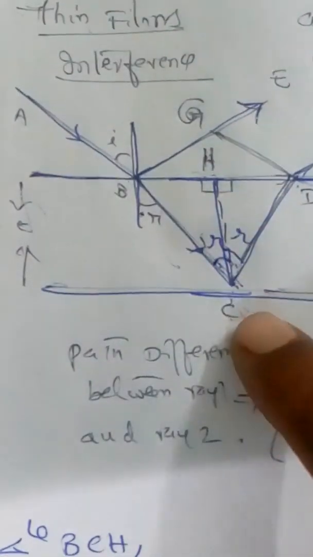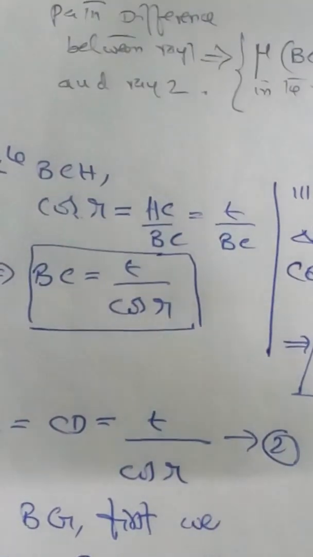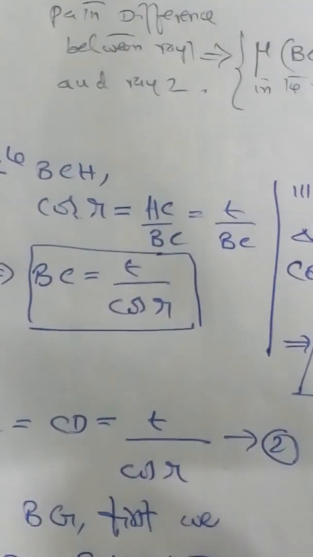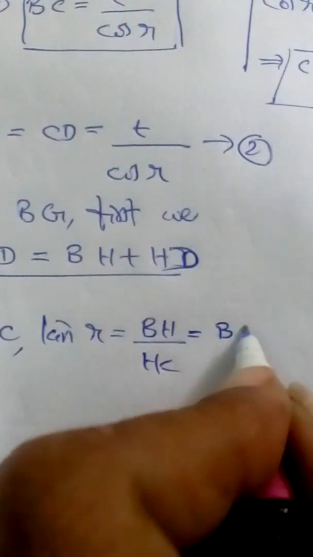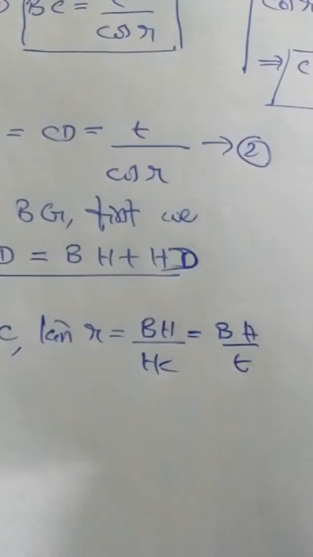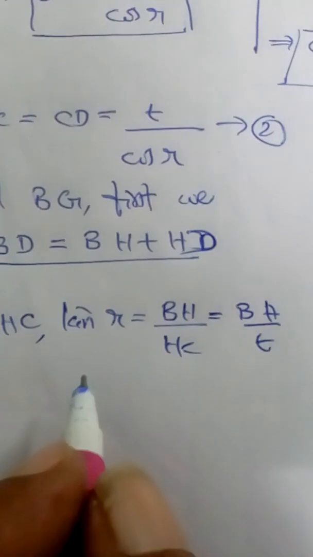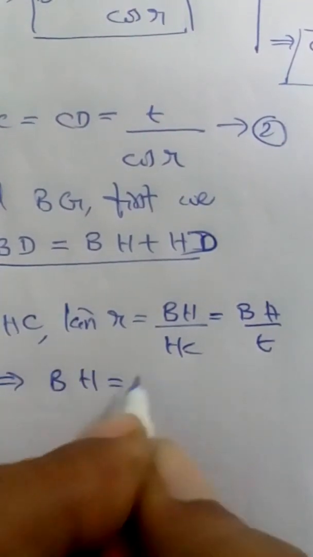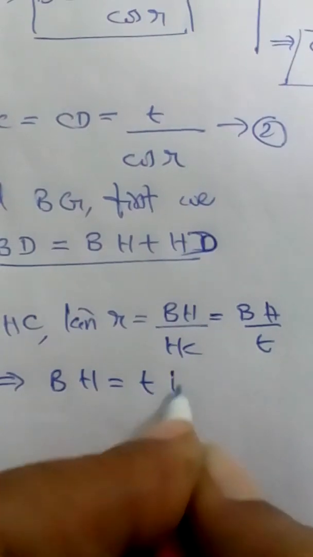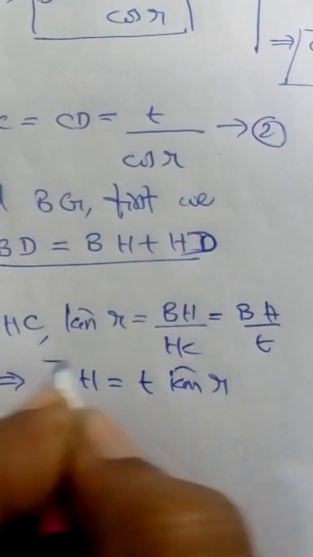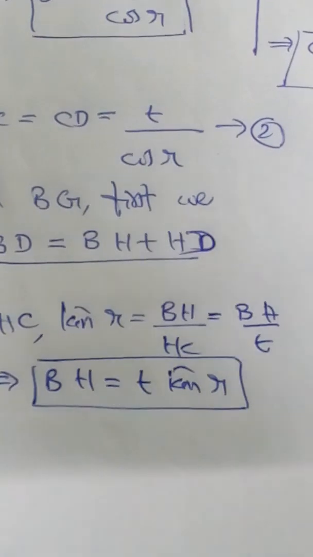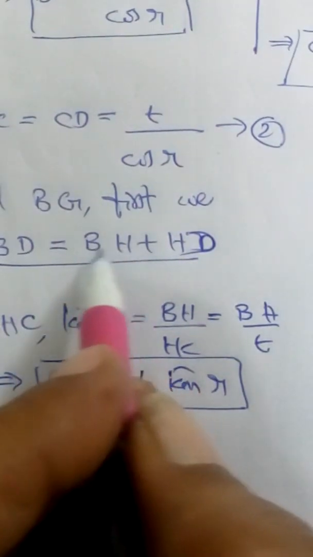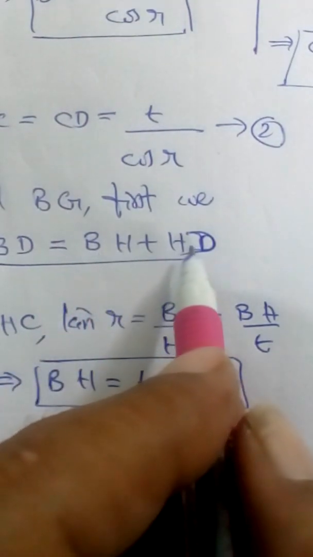HC is T, so this is BH by T. That means BH is equal to T tan R. Right? So in this equation we got BH. Now we have to find DH.